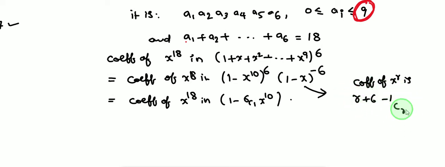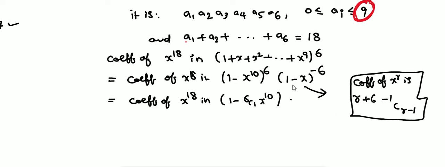So there are two things. When this term is multiplied by 1, the coefficient of x power 18 is obtained when 1 is multiplied by the term containing x power 18 in this expansion.